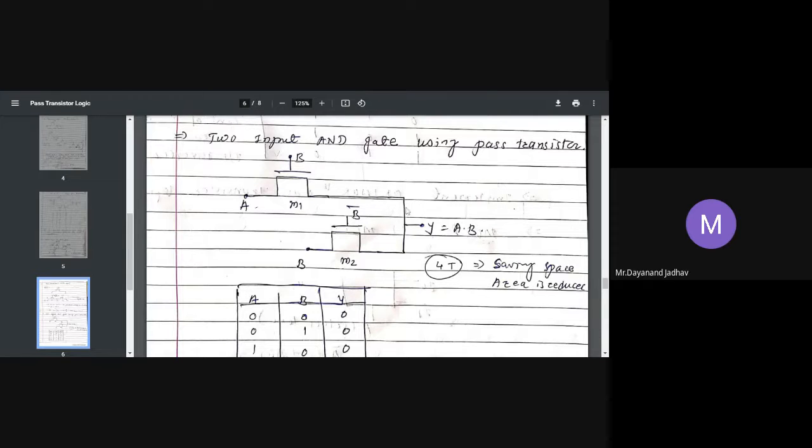Here Y comes, Y1 if suppose and Y2 if suppose. When B is 0, B bar is 1, meaning this transistor is in on state. B is also 0. Therefore, M2 passes B bit to the output, so that Y is equal to 0.